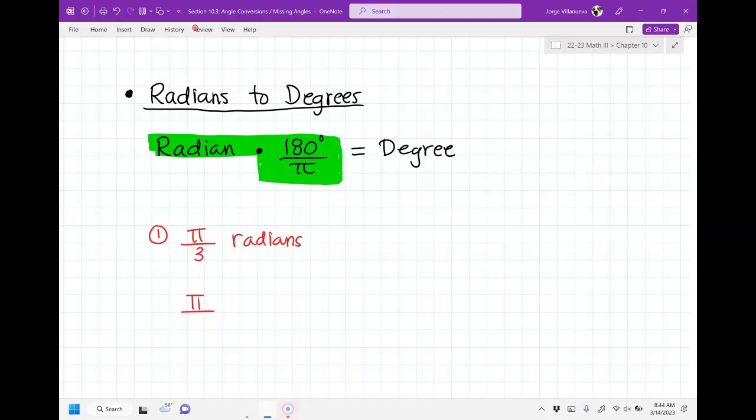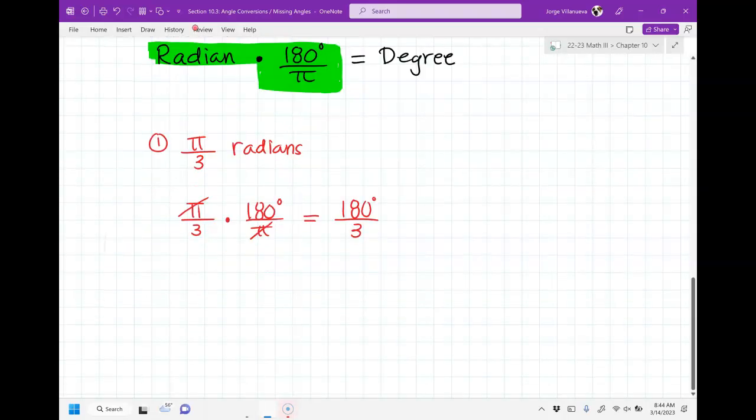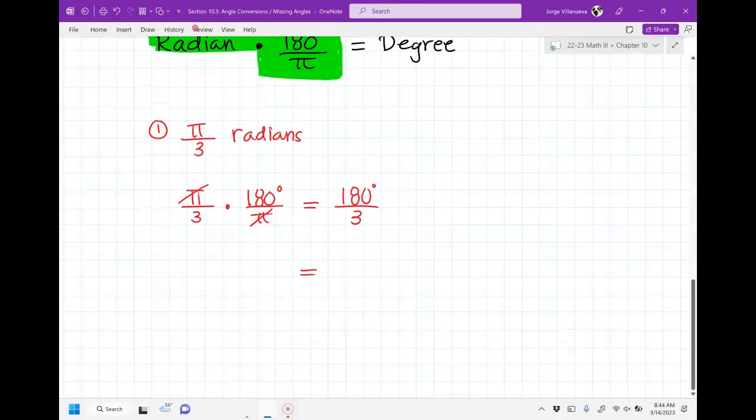So I'm going to multiply by 180 degrees over pi. Now the nice thing about this is the pi's are just going to cancel. Okay? The pi's will just cancel. So all you have is 180 degrees divided by 3. And 180 degrees divided by 3, that's 60. So it's 60 degrees.